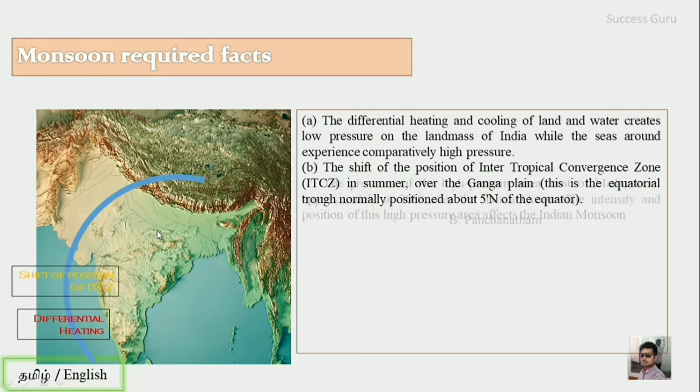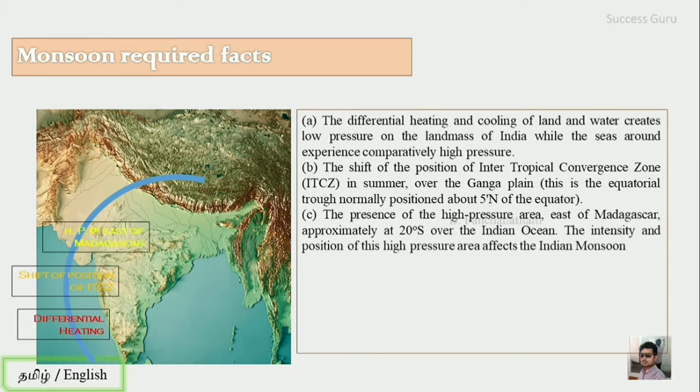The third thing is the presence of a high pressure area east of Madagascar, approximately 20 degrees south in the Indian Ocean. The intensity and position of this high pressure area affect the Indian monsoon. So if the high pressure is really high, the monsoon will be comparatively strong, and vice versa, right?